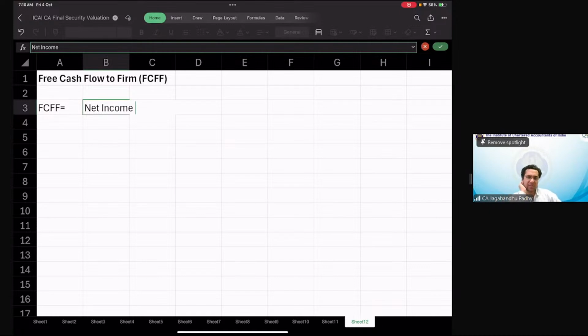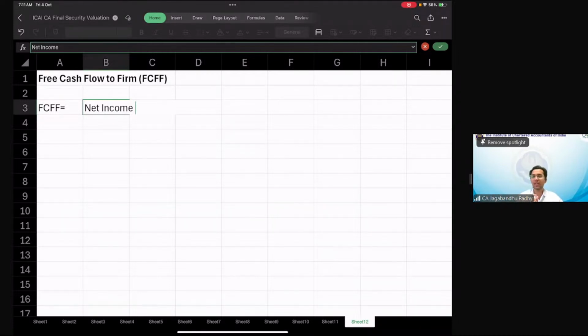So when we say free cash flow to the firm, we're talking of how much cash is being generated for all the fund providers that we have in the company. We're taking all the investors together, be it equity shareholders, debenture holders, preference shareholders, bankers, from wherever you have got those long-term funds. We are trying to calculate the cash flow that has been generated, out of which you will pay cash flows to those fund providers.